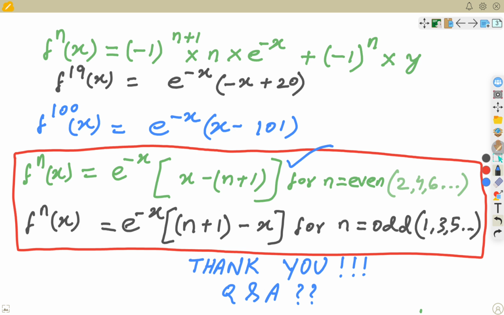When you are asked for an even-numbered derivative, then x will come first, and for an odd-numbered derivative, x will become the second term, and the power of x is equal to 1, but the sign before x is minus 1.